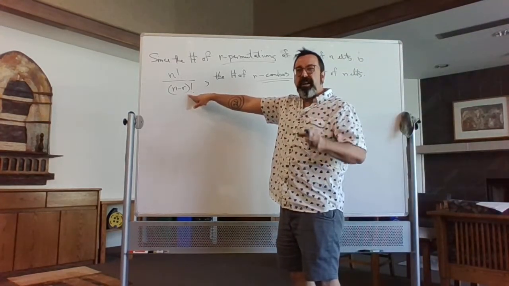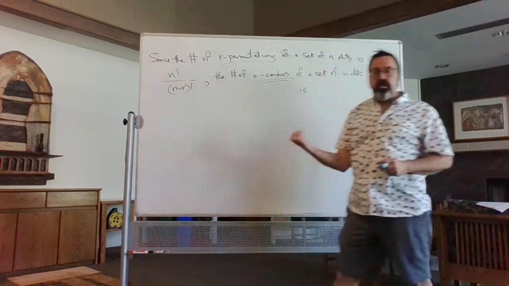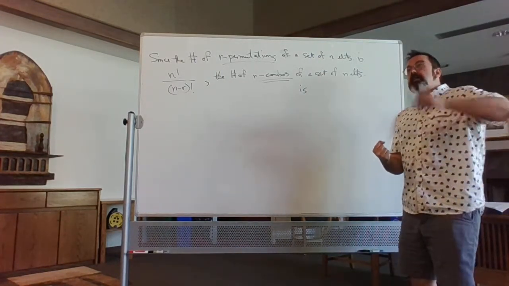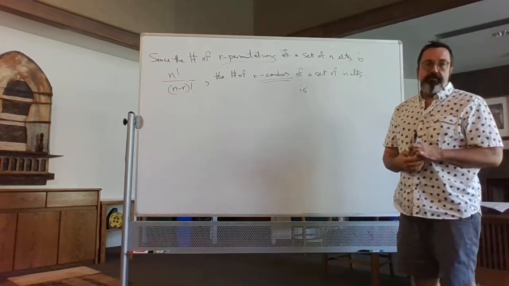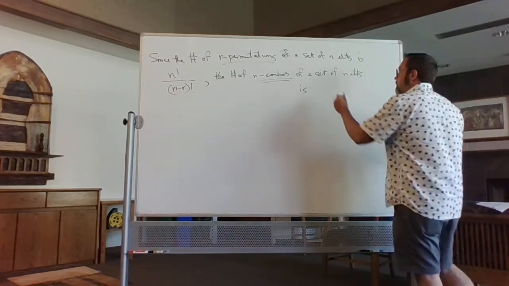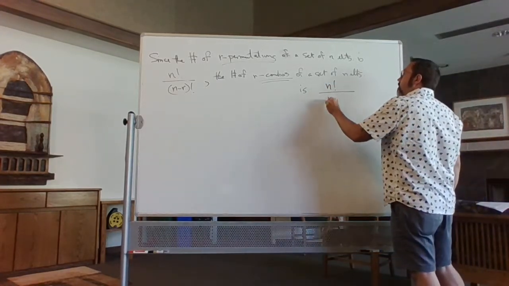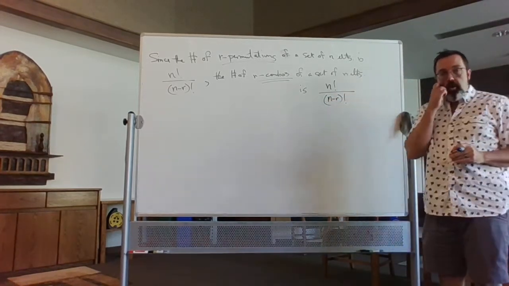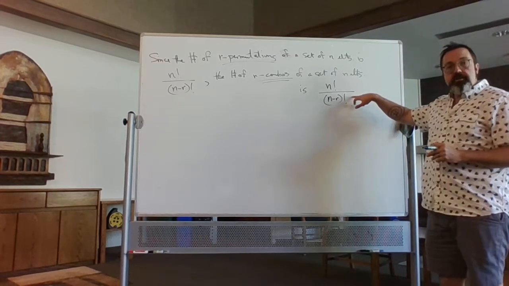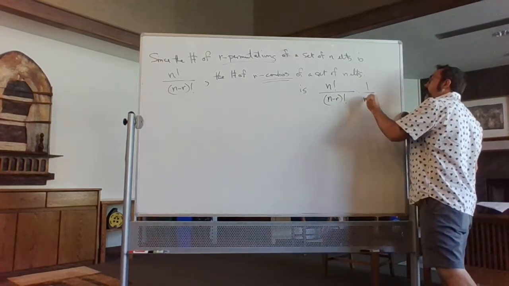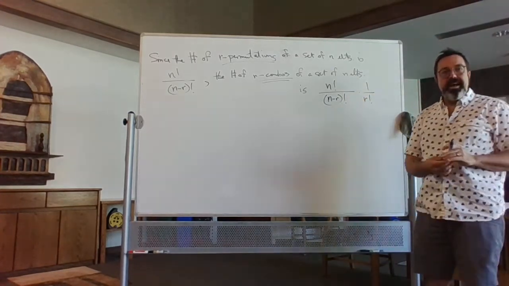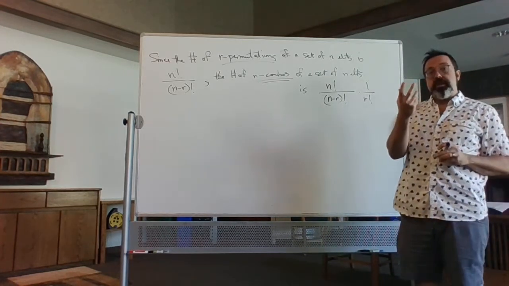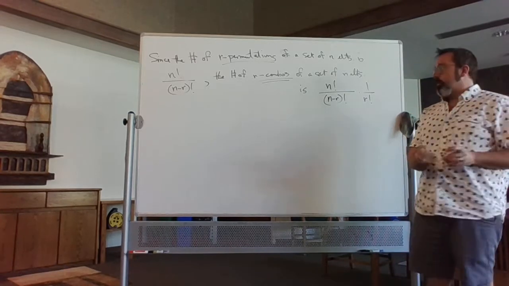There are r factorial permutations that collapse into a single r combination. And that means that we have r factorial times fewer of them than we had permutations. How do we get that? We start with our formula for the number of permutations, and we multiply by 1 over r factorial, because that's the factor by which the number of combinations diminishes from the number of permutations.